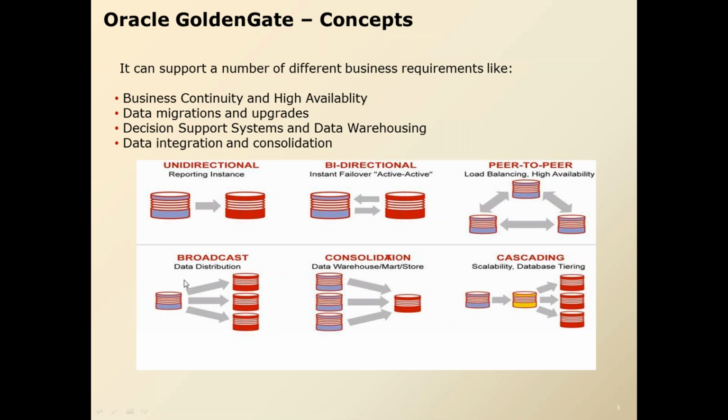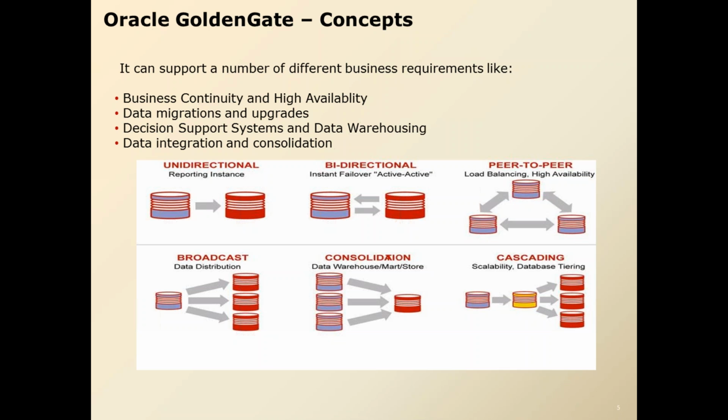Suppose there are 100 tables. You can broadcast all 100 tables to three different targets. Or you can broadcast 30 tables to site A, 30 tables to site B, and the remaining 40 tables to site C.